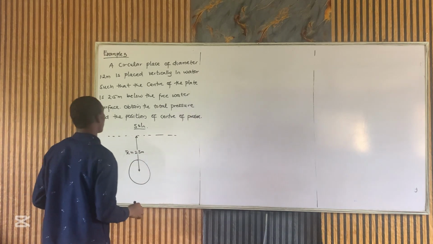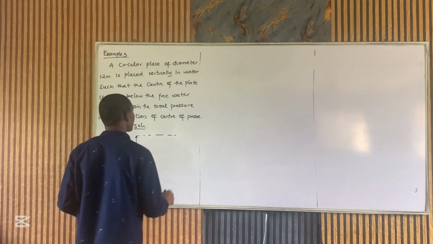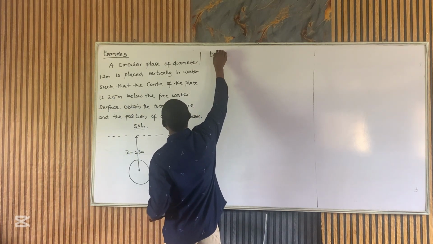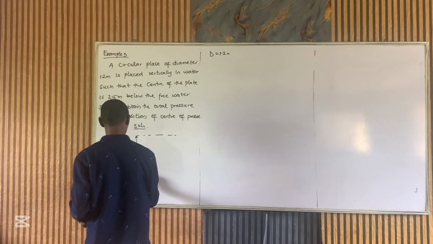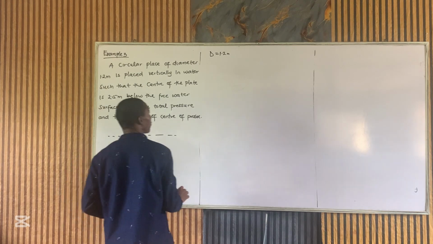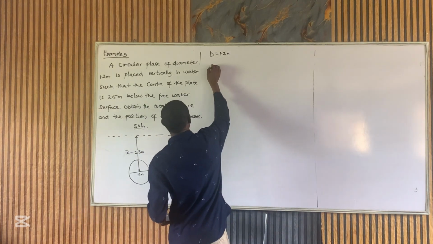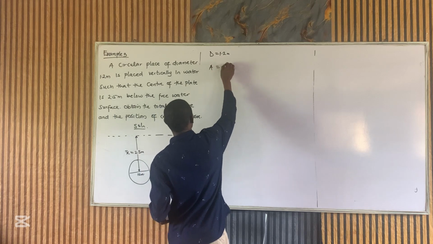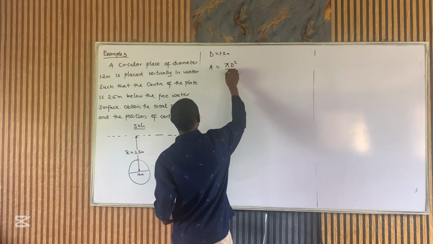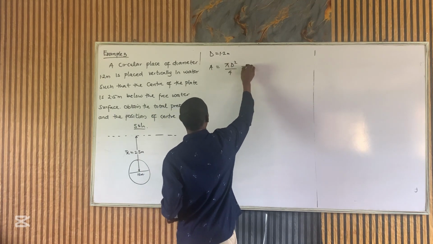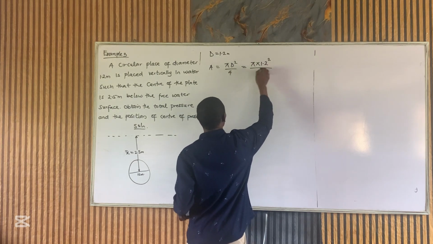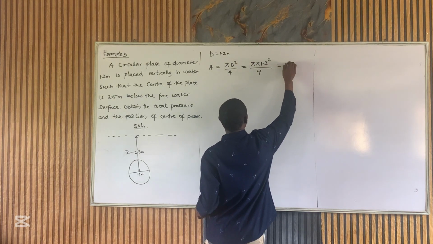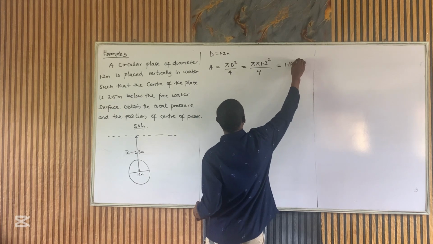Next, we are told that the diameter of the plate is 1.2 meter, meaning that the distance from here to here is just 1.2 meter. Therefore, the area of this plate will be pi d squared over 4, which is pi times 1.2 raised to power 2 over 4. This will give us 1.13 meters squared.